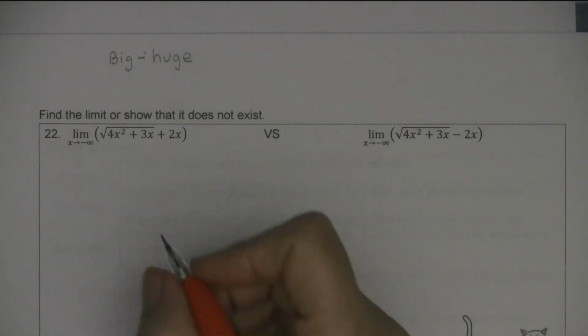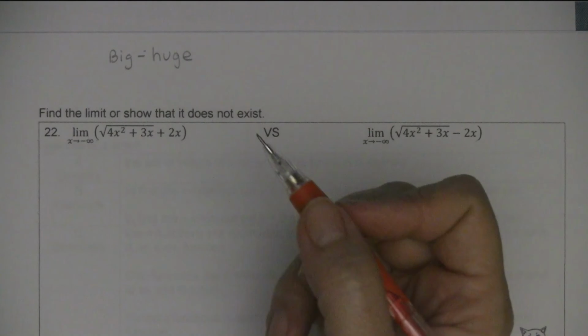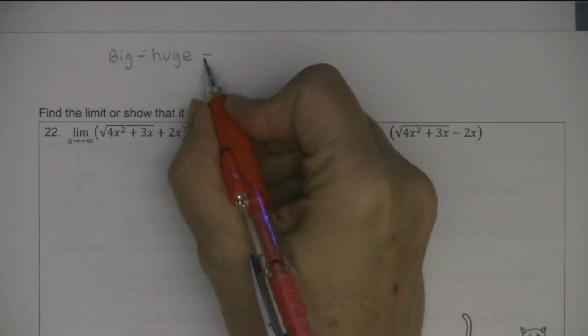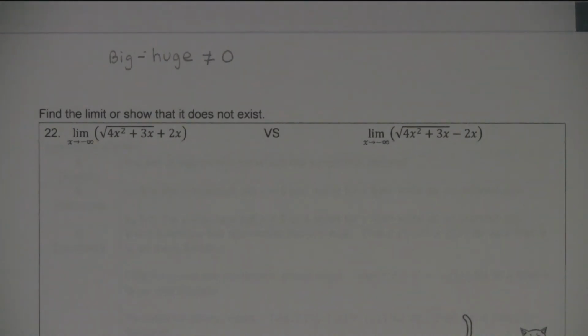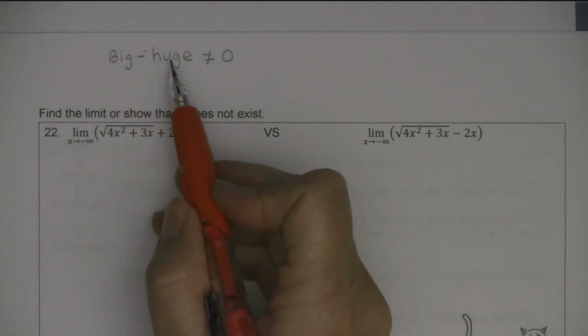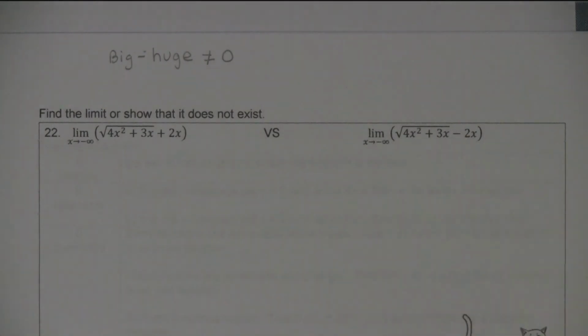But here's the deal. When you take something that's big and you subtract something that's huge, in other words, they're not the same size, but they're both large, the answer isn't necessarily 0. Now, it might be 0 if they're close to each other in size, but it might be that this one's always a lot bigger than that one as a possibility. And so there's where the problem lies.